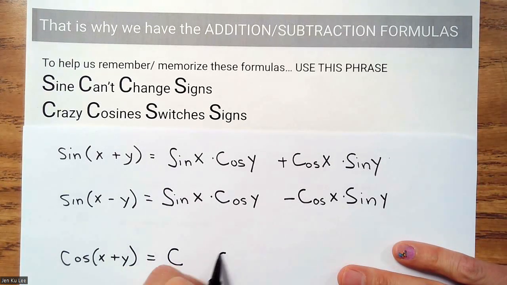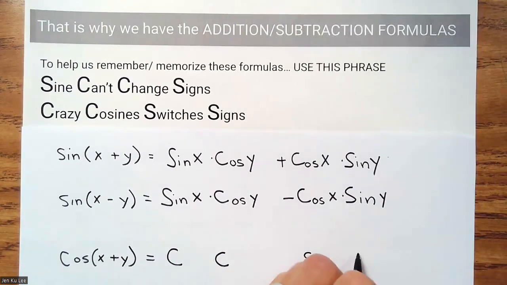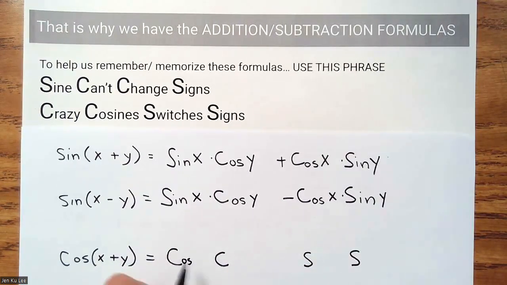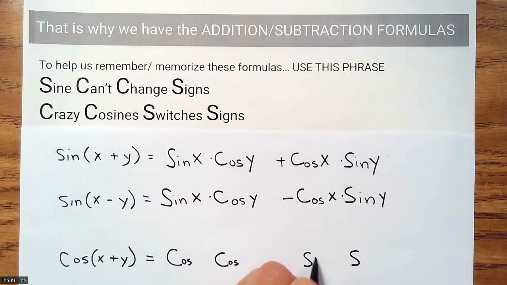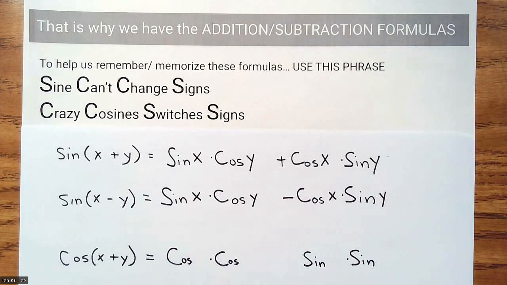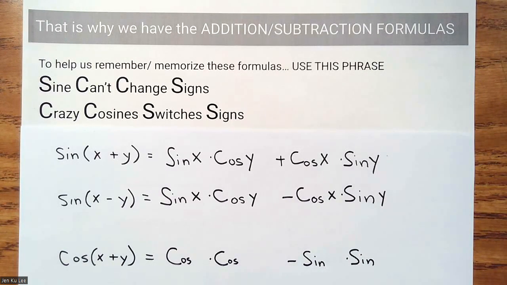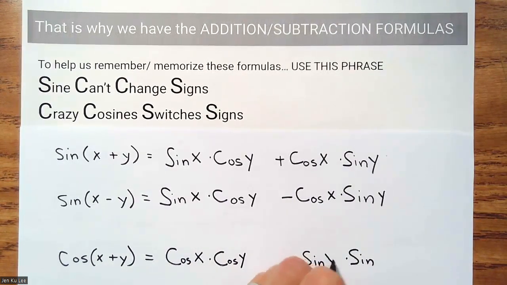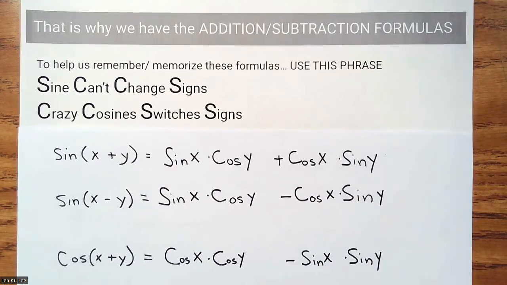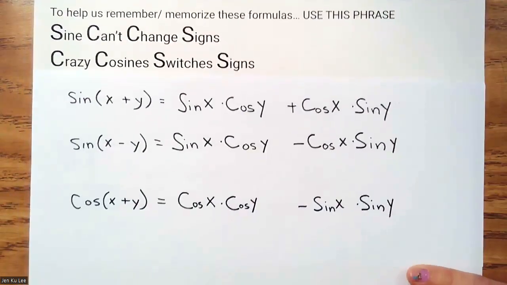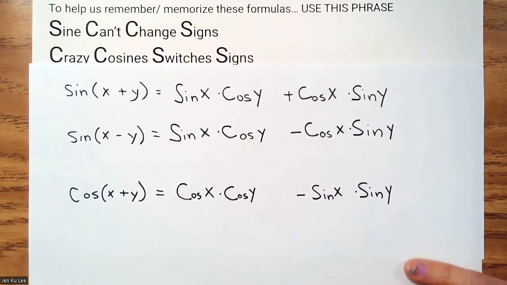I know we're multiplying them together. Addition, and it's crazy, so it switches. So that's a minus. Yeah, switch the sign. And then alternating my angle measures again. Okay.